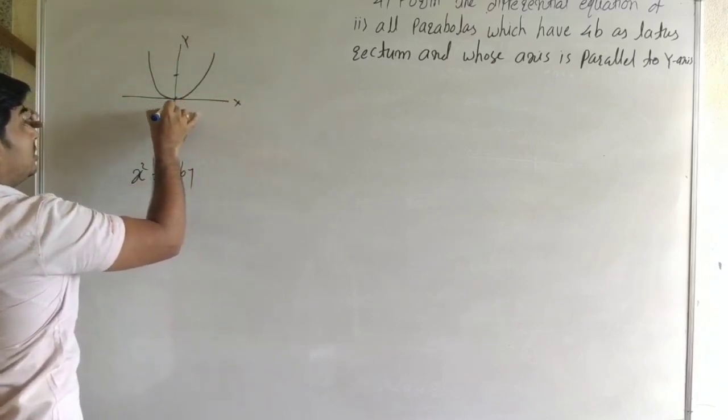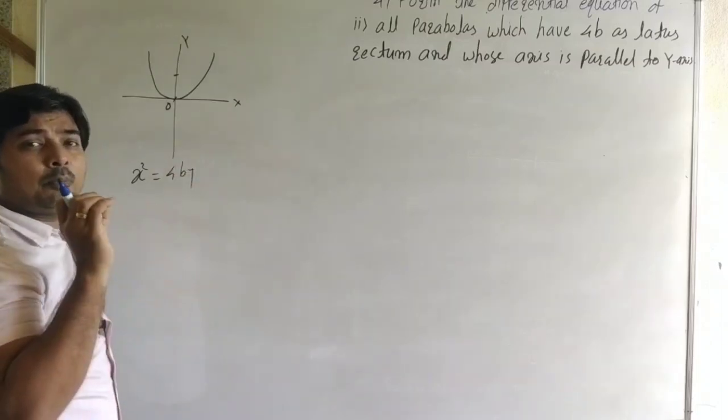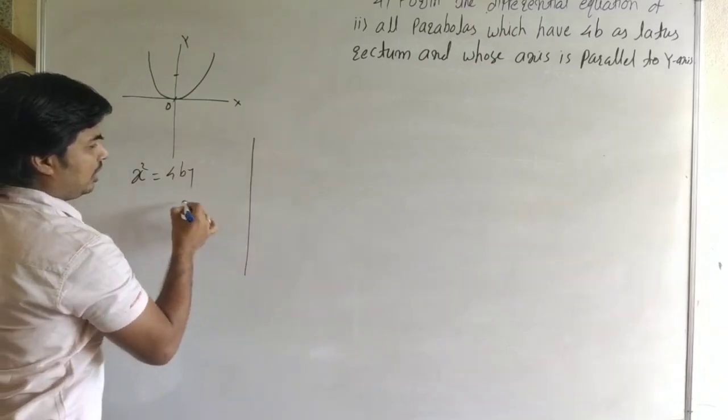Here the axis is the y-axis and the vertex is at the origin, but here the axis is only given to be parallel to the y-axis and the vertex is not given. That means the parabola is anywhere.